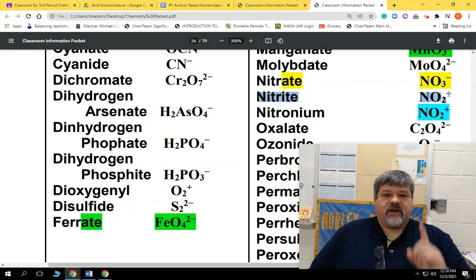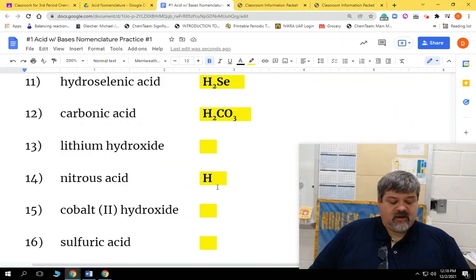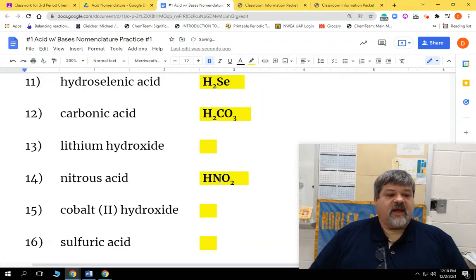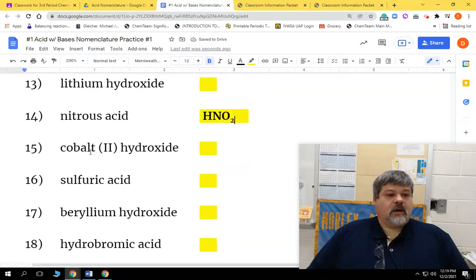It's a -1, so I only need 1 hydrogen, and then we put NO2. So go back here, we need 1, and then we'll put NO subscript 2, nitrous acid. Cobalt(II) hydroxide, that's a base. It's basically going to be Co(OH)2.